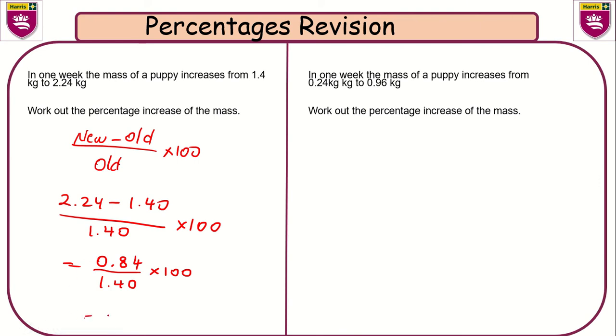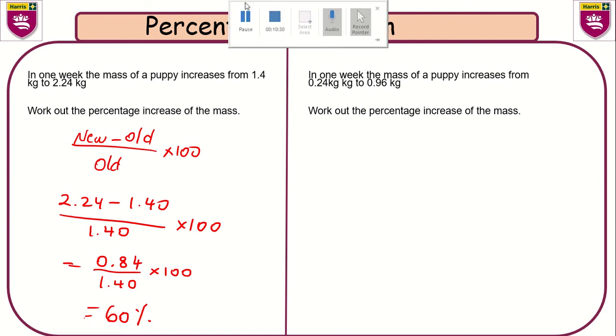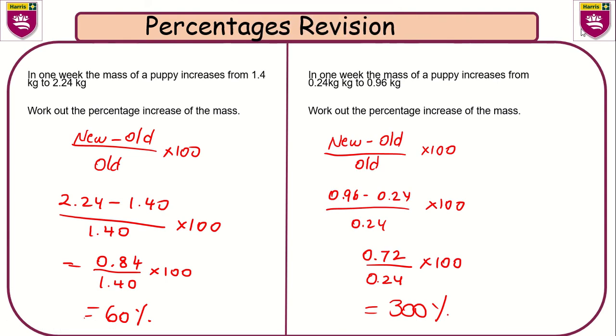And we're going to get 60%. Now, you're going to pause this and have a go at the next one. Right, so we're going to end up with 300%. Let's have a look at the next section.